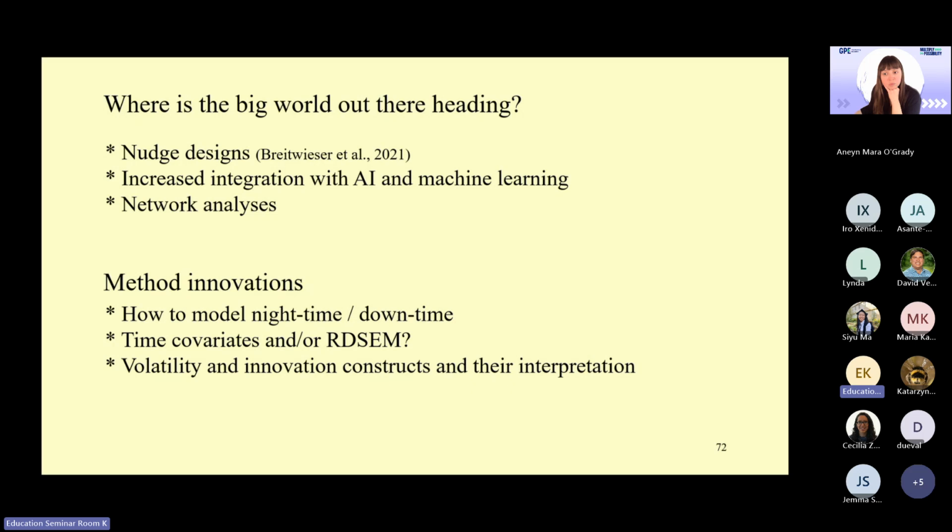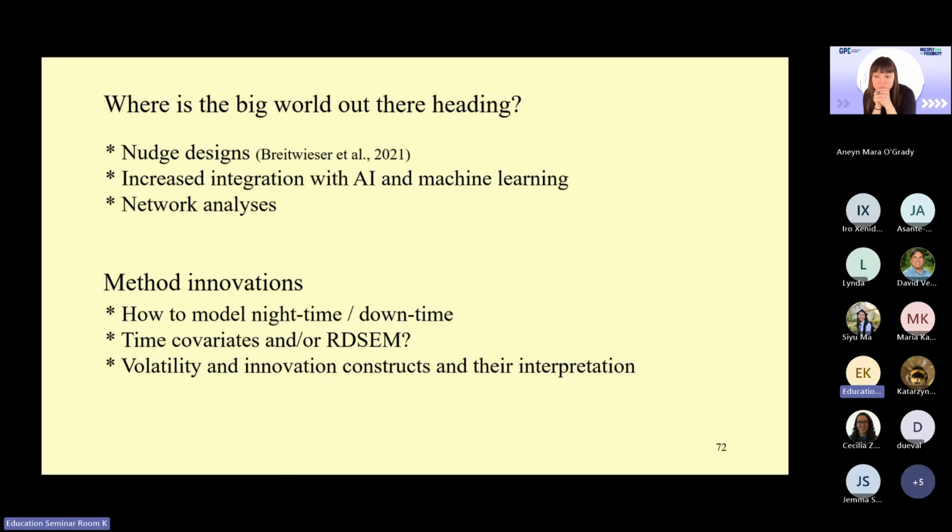And they set goals every morning, and then they have so-called nudges. How are you doing now? How did you fulfill the goals that you set up earlier? And a lot of prompts like this, have you reached the goals of how long you wanted to study today, and so on and so forth. And then they look at their emotions and self-efficacy for studying medicine as well. So this is coming with nudge designs.